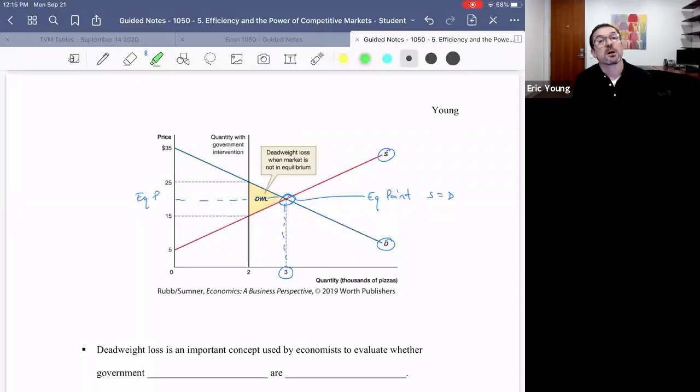And touching on what we just went over, if this market were indeed to be at equilibrium, producing 3 units at an equilibrium price, we would have a total surplus the size of this really big triangle. Total surplus would be maximized, and society would be made better off because we would get as many possible gains from trade as possible. We would achieve economic efficiency. We just went over that. We did it again here.